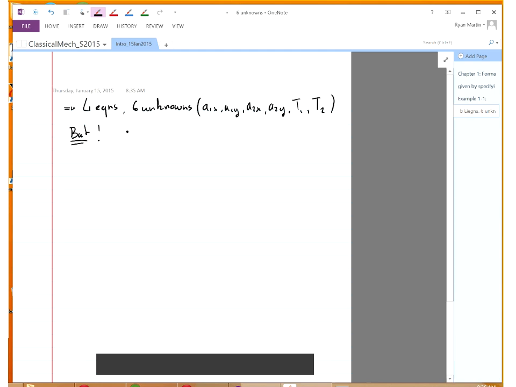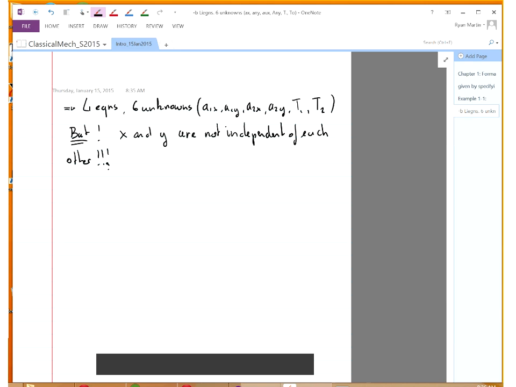But x and y are not independent. Right, so we haven't really found a way to describe how x and y are not independent.